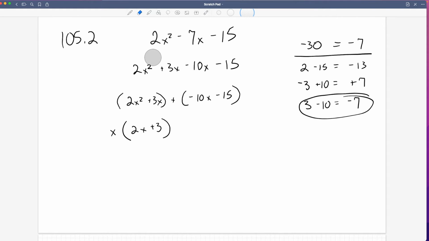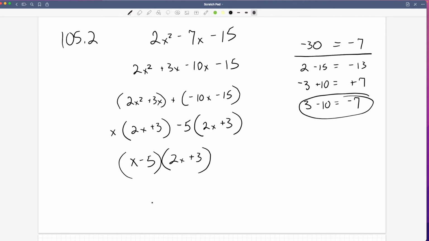I can pull out -5, right? So that would be 2x plus 3, exactly. So now I could say x minus 5 times 2x plus 3. And that is how I have factored this.